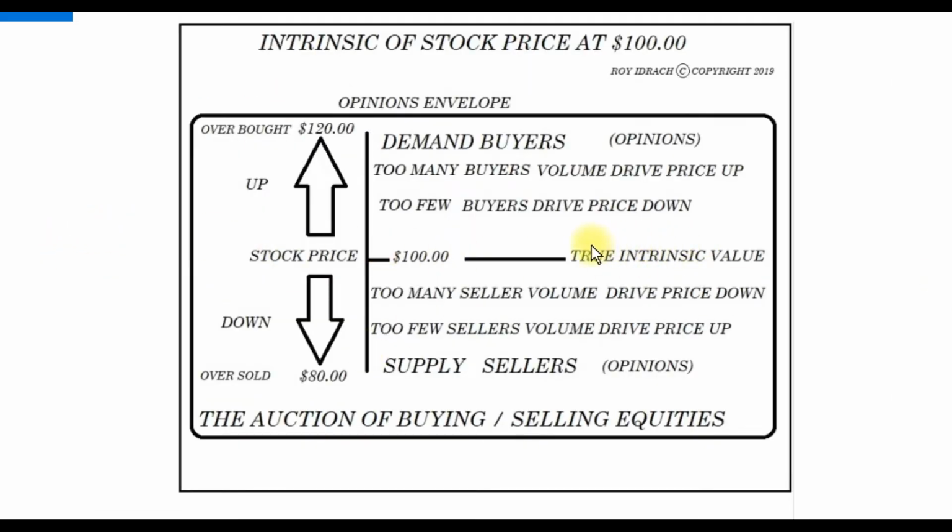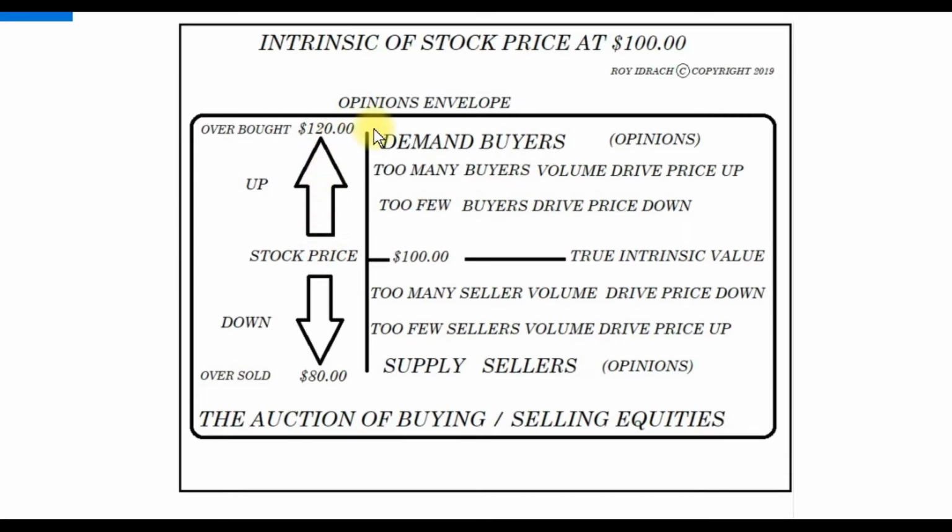The stock price is $100 a share. And we have seen this before also: when there's demand from buyers who want to buy it, too many buyers drive the price up. So it can go up from 100 to 120, right?